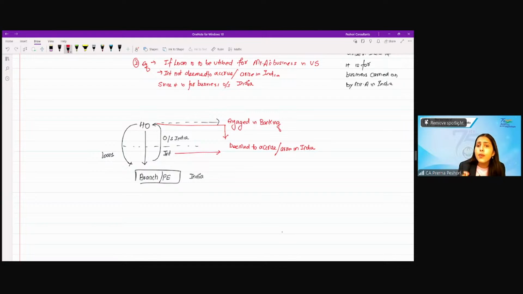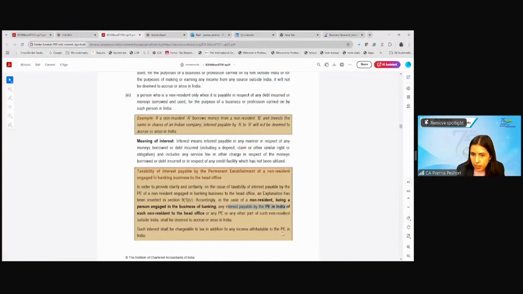HO is the one which is the assessable entity, which is a taxable entity, right? So for it, this interest which is paid by the branch will be deemed to accrue or arise in India. Such interest shall be chargeable to tax in addition to any income which is attributable to the PE in India. So HO will have some income from the branch, which will be the branch profits.